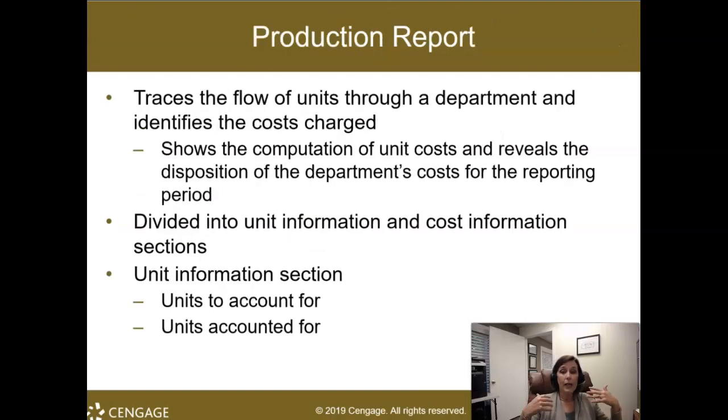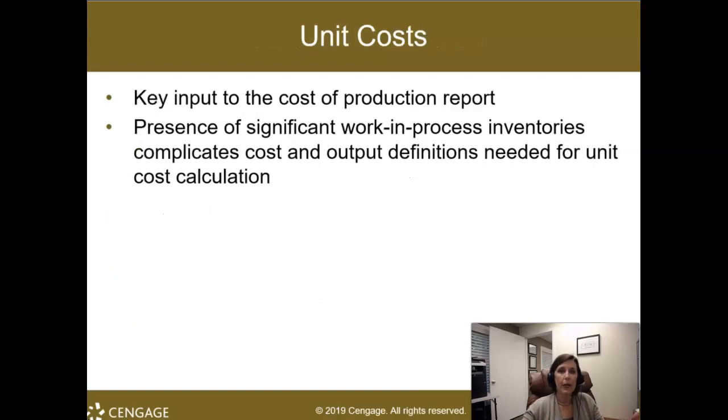When we get to the end of our accounting period, we create our production report, and this basically shows the travel of costs throughout the processes. We will then need to take those process costs and translate those to unit costing information.